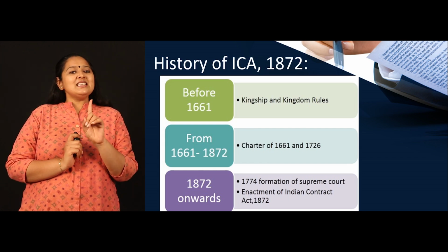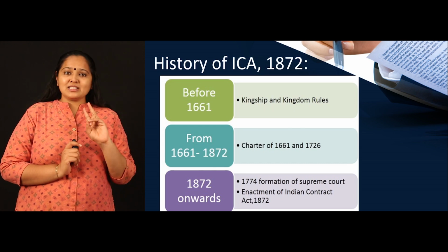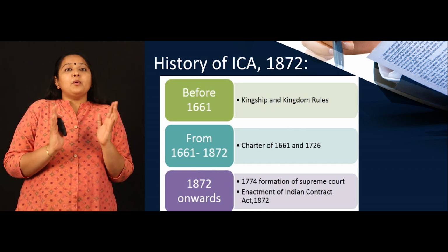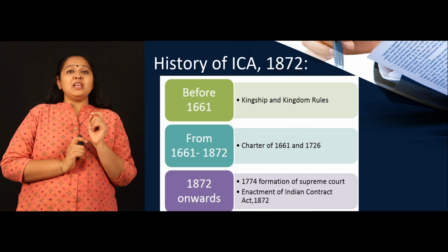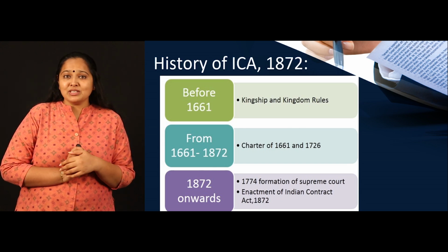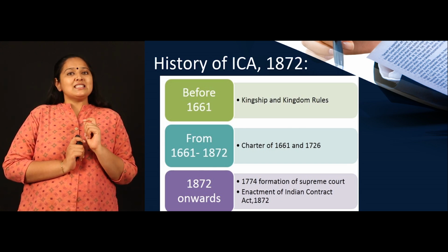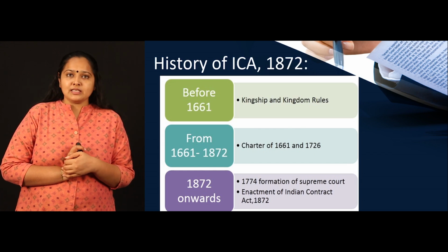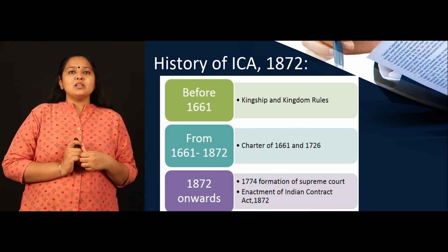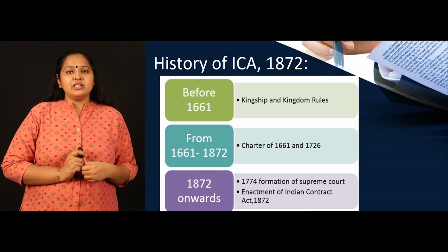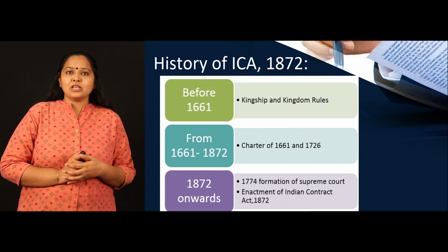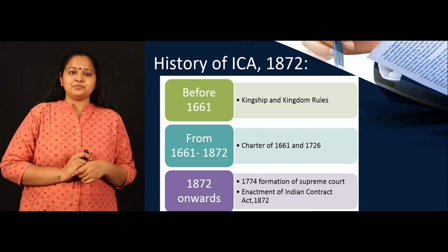But from 1661 to 1872, that is the second phase, it is a very important phase. The reason being, two major charters were developed during this phase: the Charter of 1661 and the Charter of 1726. You shall be going through this particular topic in detail in your Indian constitutional history subject, so we are not touching that right now.